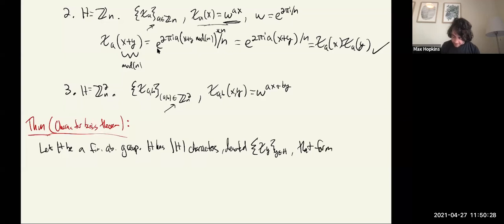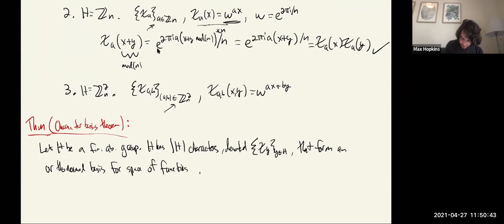So the H characters are denoted like this, and they form an orthonormal basis for the space of functions f mapping from H to the complex numbers.